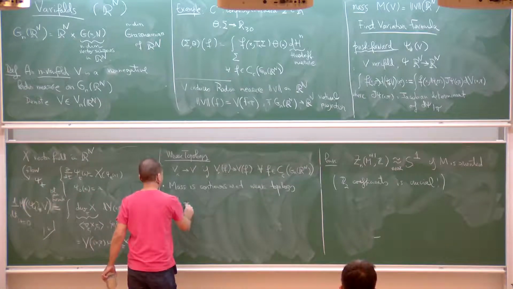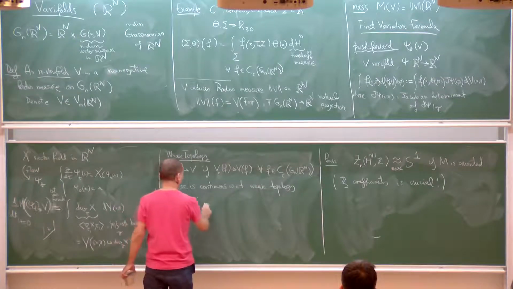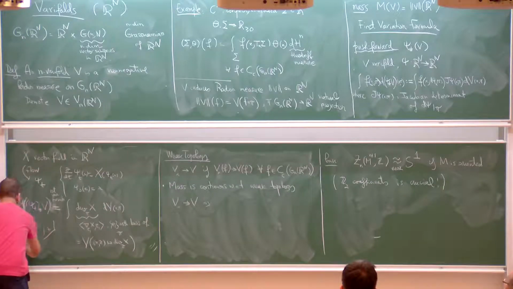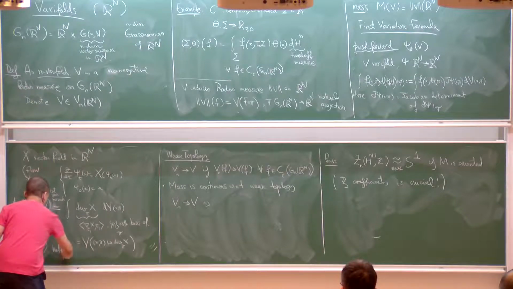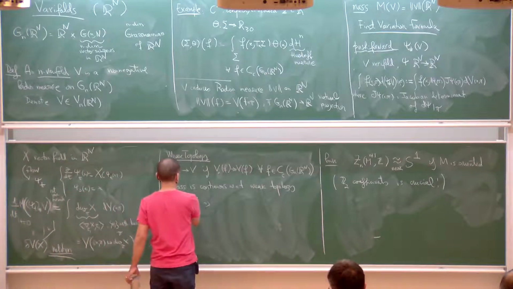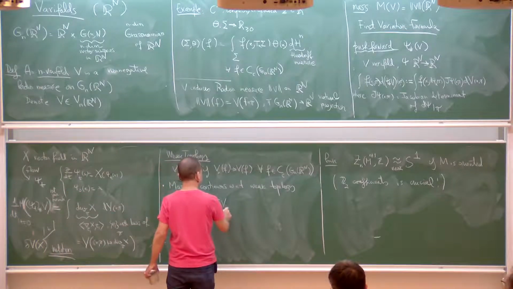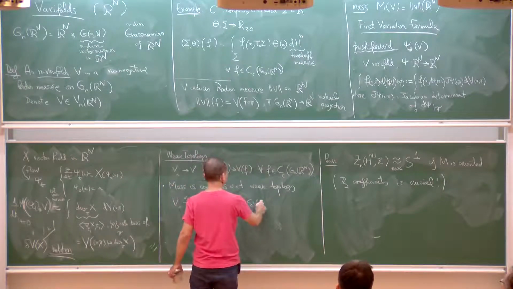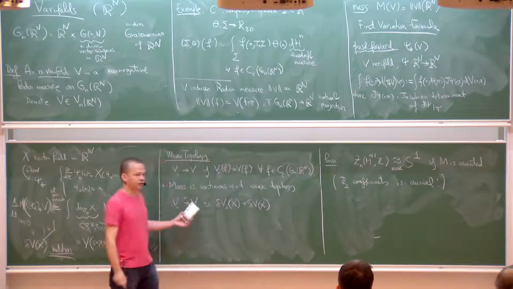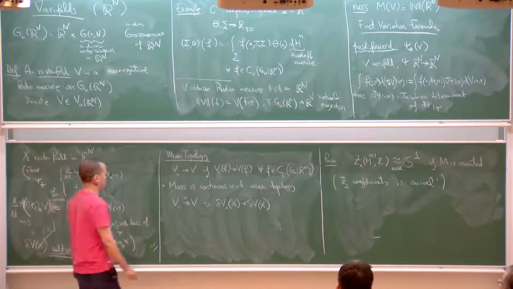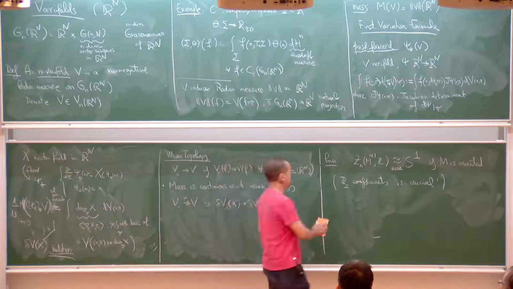Let me introduce a notation for this: delta V of X. If V_i converges to V in the weak topology, then the first variation of V_i with respect to any fixed vector field converges to the first variation of V. So the first variations converge also in the weak topology. This is what a varifold is.